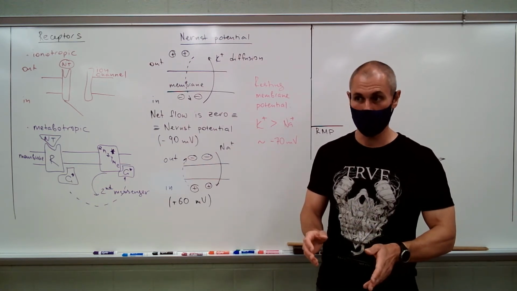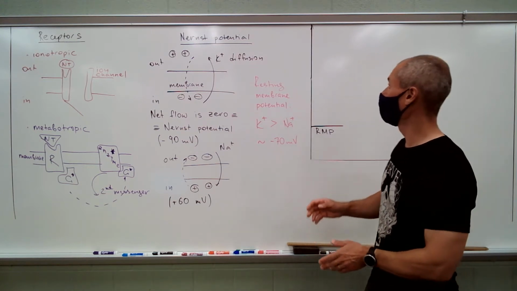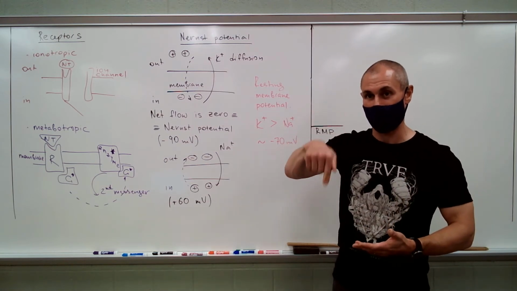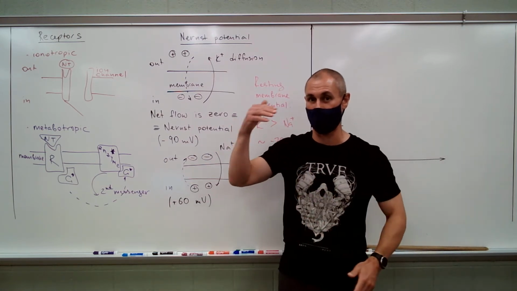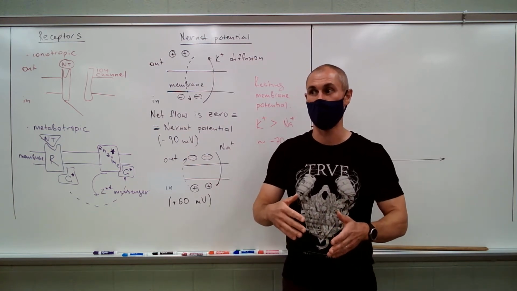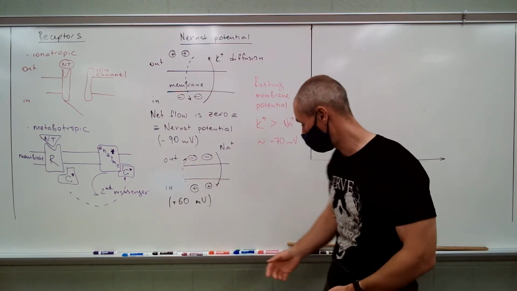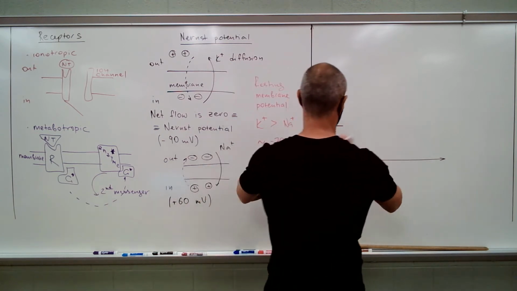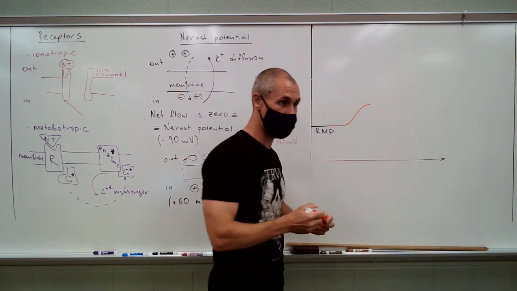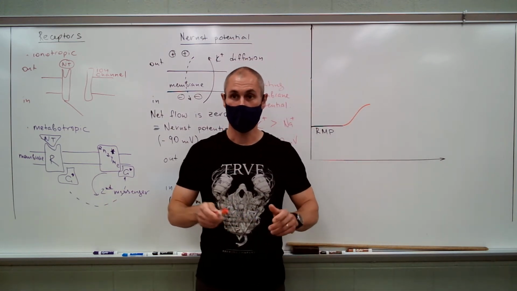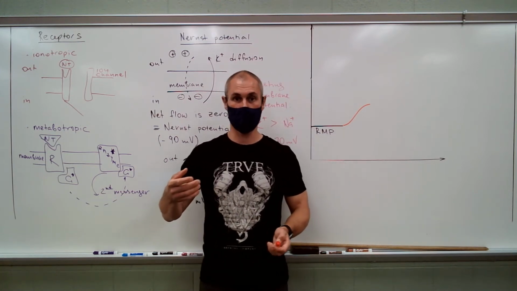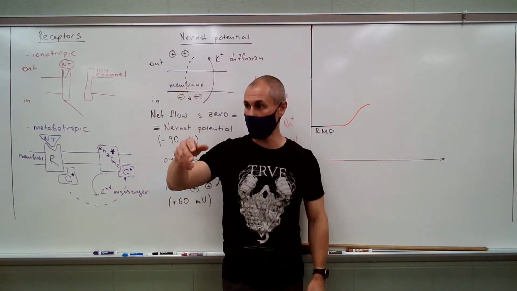Everybody's on board? What happens to the membrane potential of the cell? Positively charged sodium diffuses in, and the membrane potential of the cell becomes more positive. So this is your more positive. Does that make sense? That's going to be a local change, somewhat similar to when you throw a stone in the water.